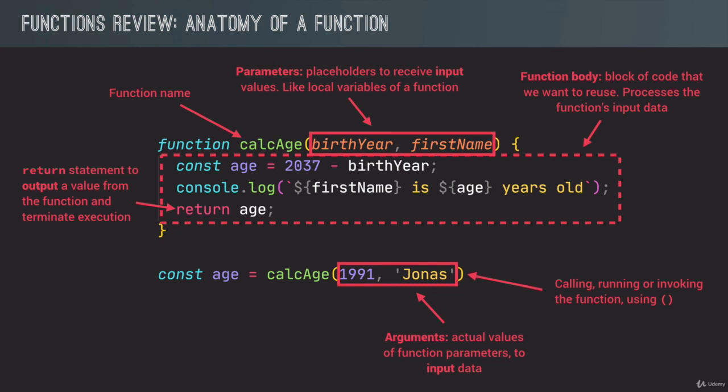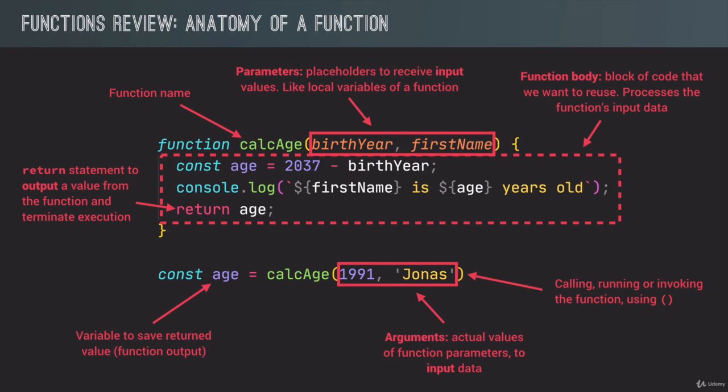Then, once the calcAge function has finally done its job, then all this expression will basically be replaced with the returned value. So in this case, the age that was replaced here. And that age value is what we then store into this age variable. So we use this variable to basically save the returned value that was outputted from the function.